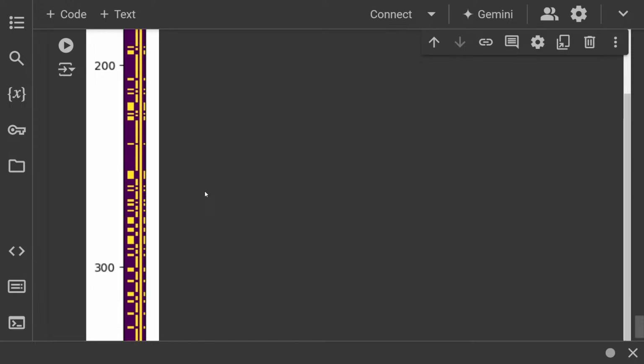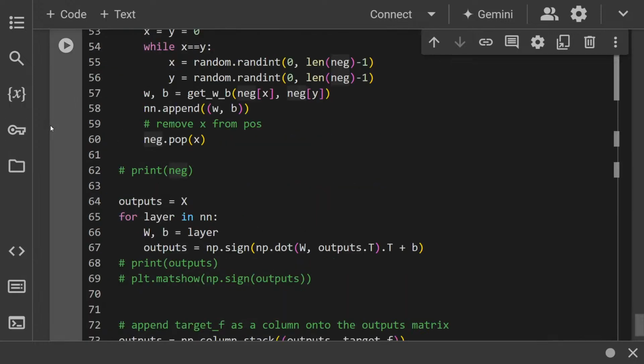Because we have this thing where you have a layer that is moving a single point. It's moving a point x onto a point y while keeping all of the other points stationary.